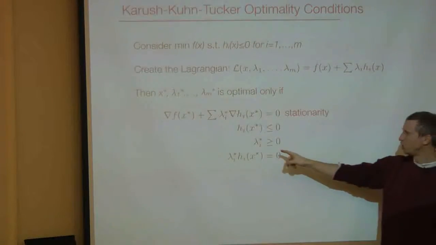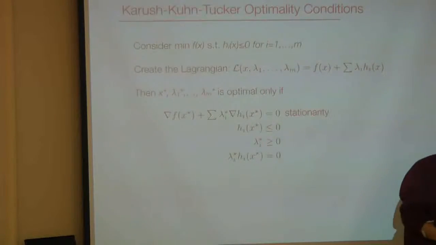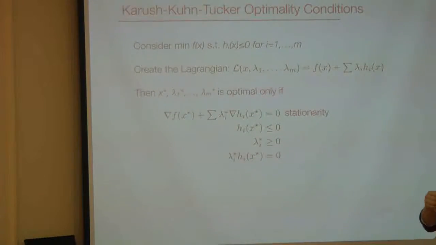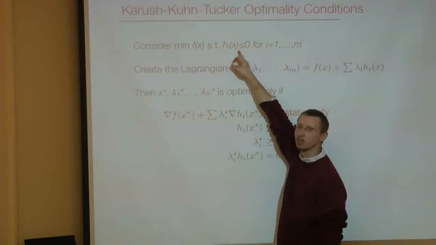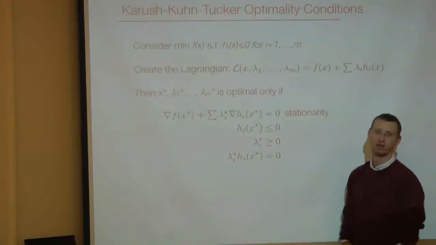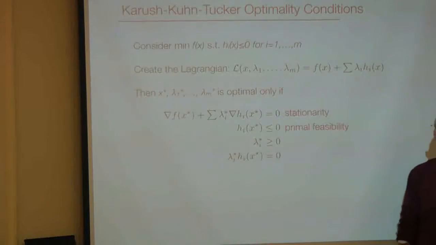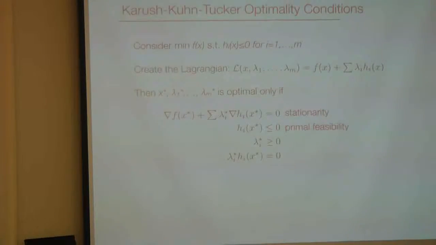The second condition means that for a point to be optimal, it has to satisfy the original nonlinear constraints. So this is just the repetition of what we had here, it's just that they have to hold also for the optimal point. And this is called the primal feasibility. Then we have the third condition, and here you really have to remember this. When we had a Lagrangian for equality constraints, the corresponding Lagrange multiplier could be anything.